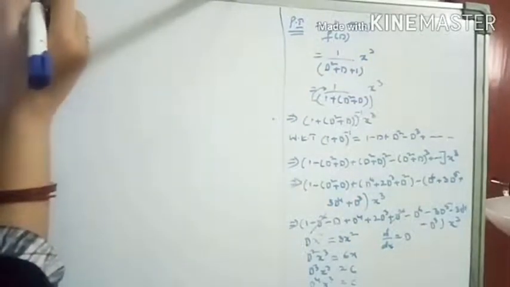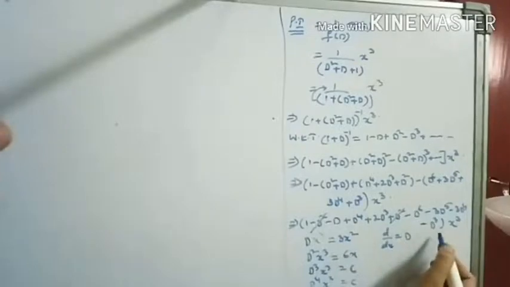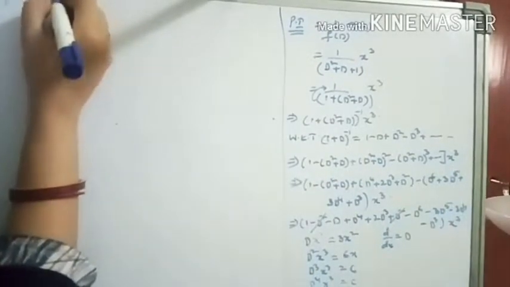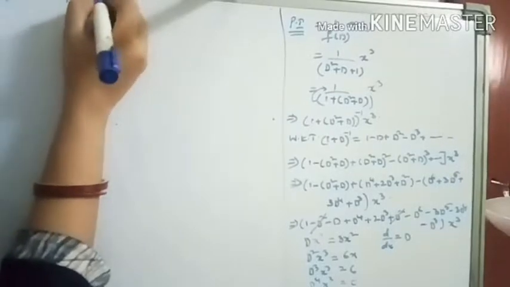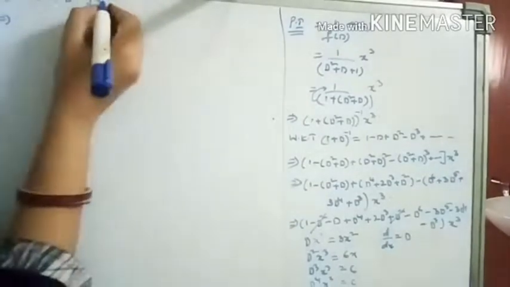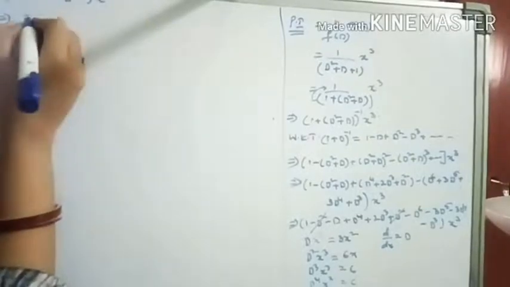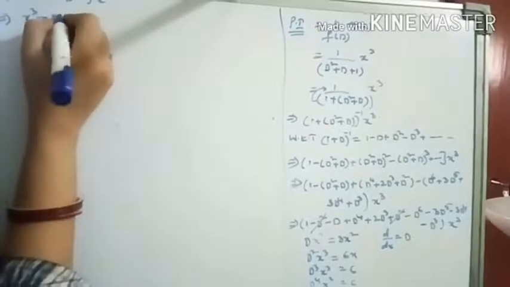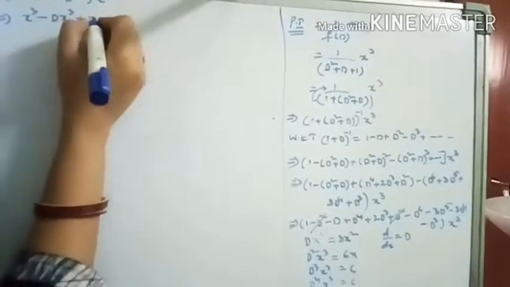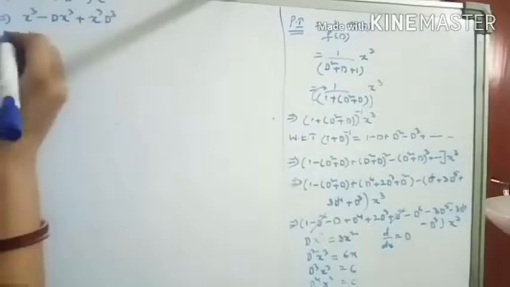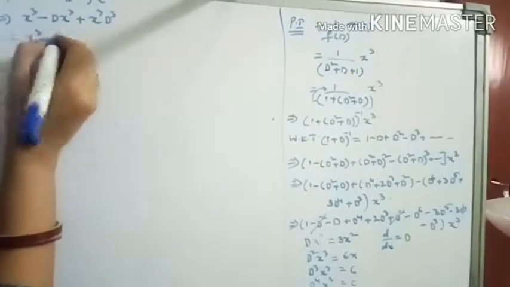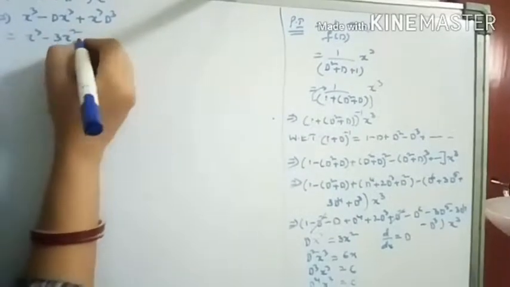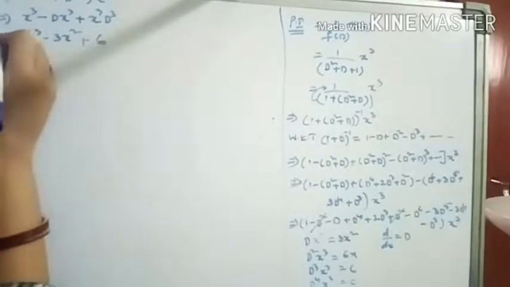So we are left with 1 minus D plus D cube, then into x cube. Now we will operate this x cube on each and every term of the bracket. x cube minus D x cube plus D cube into x cube. D x cube is equal to 3x square, so minus 3x square, and D cube x cube value is equal to 6.